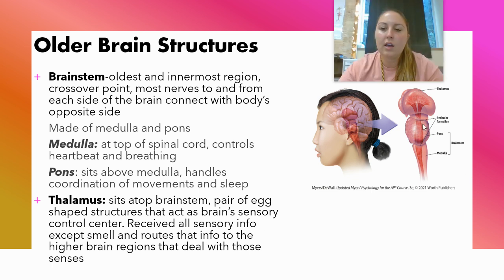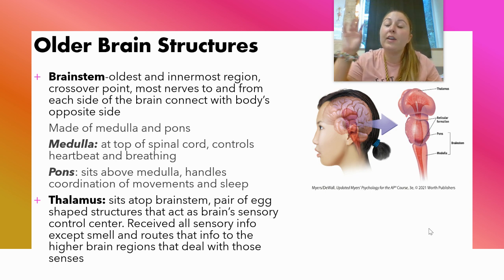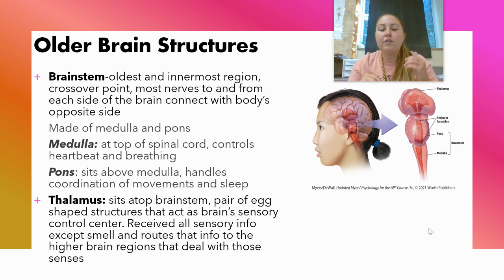Then the thalamus sits above these two things, and the thalamus basically works as the sensory board director. What I mean by that is, for example, my brain right now is receiving auditory input and visual input, and when that sensory information is going to the brain, before it can go to its specific area to be processed, it's first going to go to the thalamus, which is going to be like, oh, okay, this is auditory input.